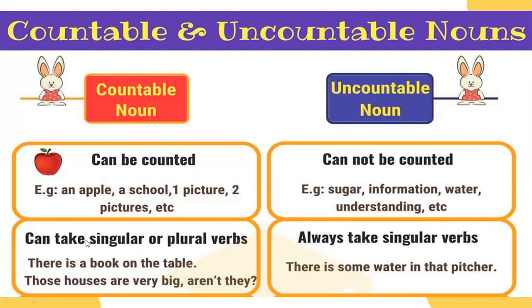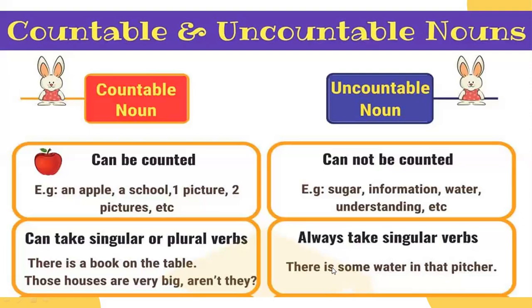So look here. A countable noun can take singular or plural verbs. But what about uncountable nouns? You cannot write them as plural, isn't it? So an uncountable noun should always take a singular verb. So there is some water in that picture.